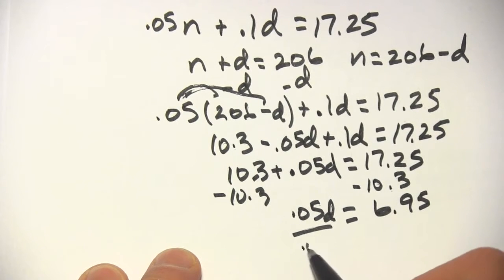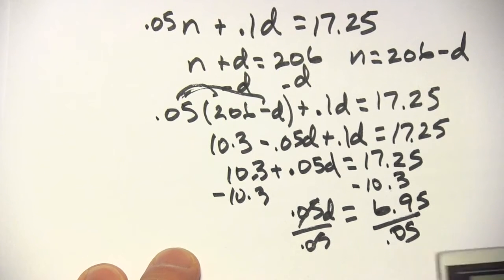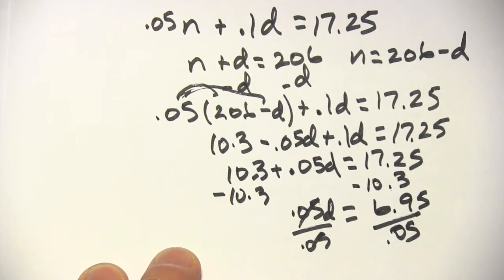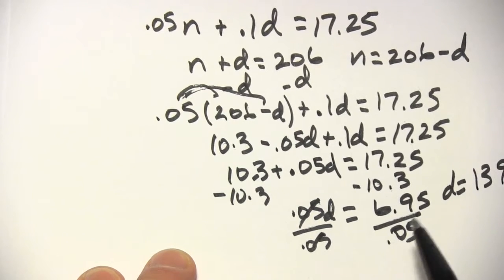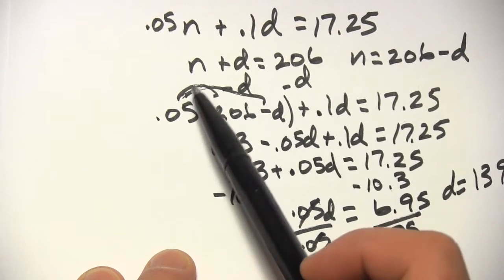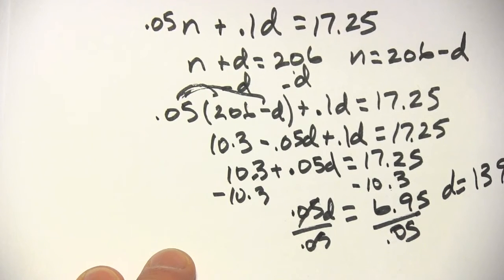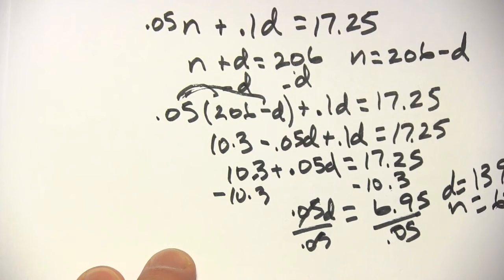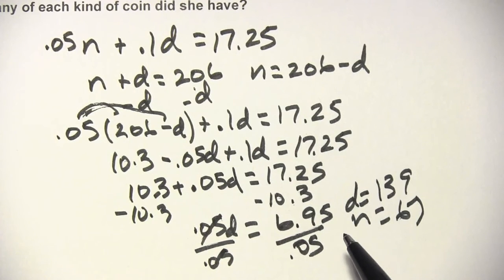And then finally we'll divide that by 0.05 to get d alone. And I get d equals 139. So that's the number of dimes. The total number of coins is 206. So all I need to do is subtract 139 from 206. And we get 67 for the nickels. So that's our answer, and that's some work with coin problems.